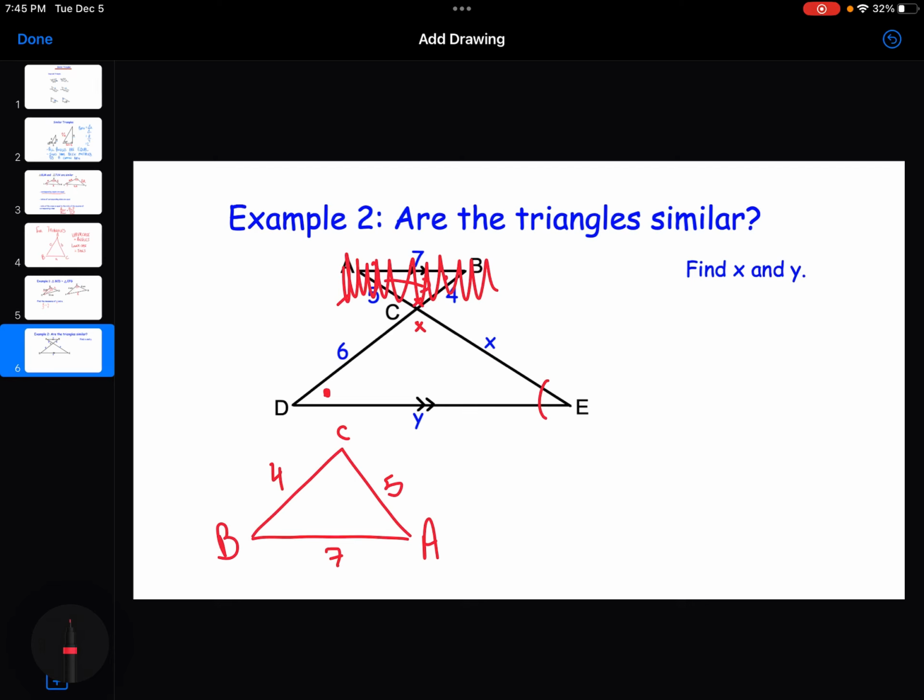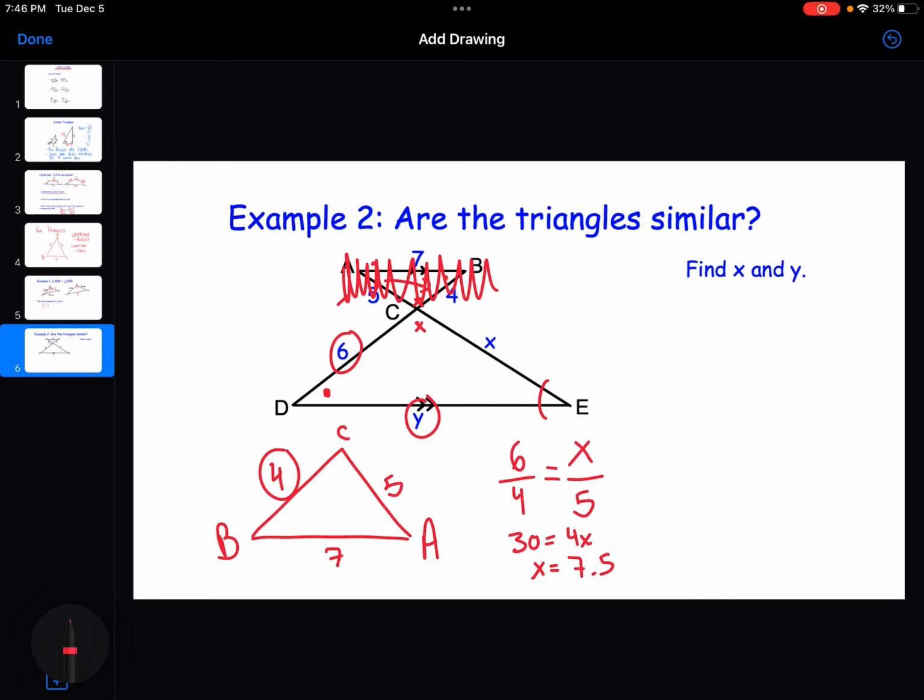I'm trying to find X and Y, where X is D. So I need to find my sides that I have, both of them, which are these. And now I could just go 6 over 4 equals X over 5. Well, that's actually the exact same triangle that we just had. We get 30 equals 4X, and then X is going to be 7.5.